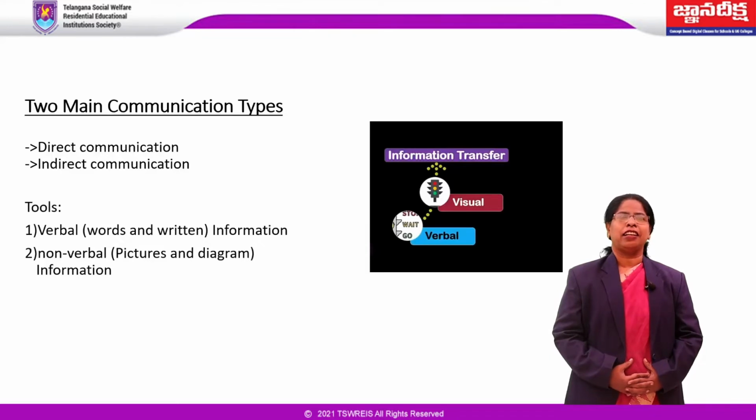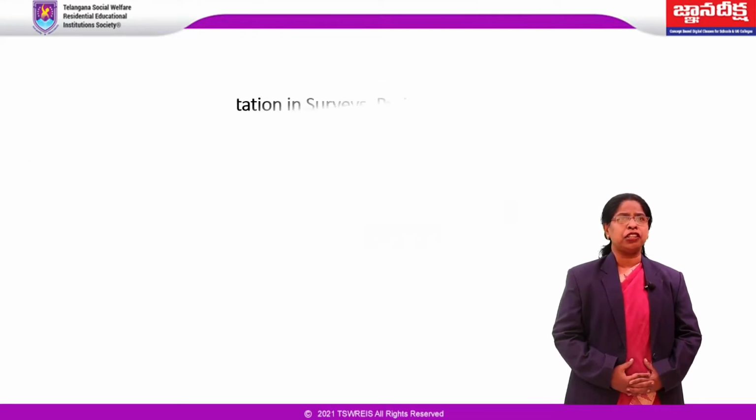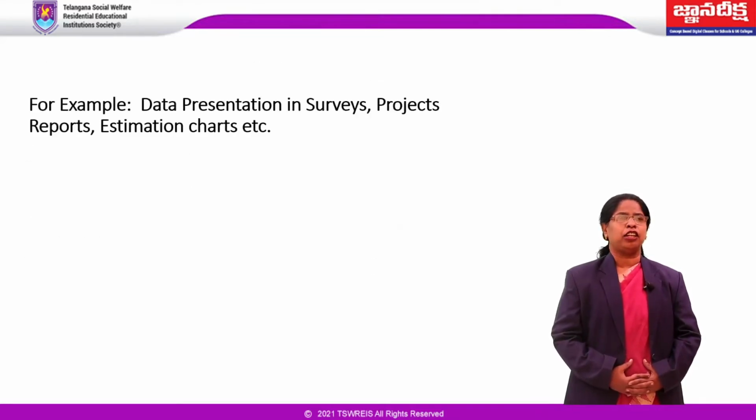Visual is when you look at signboards, directions or anything, and easily grasp the information of what it is trying to say. Then verbal, we can put it in the form of text, for example, data representation in surveys, projects, reports, estimation charts, etc.